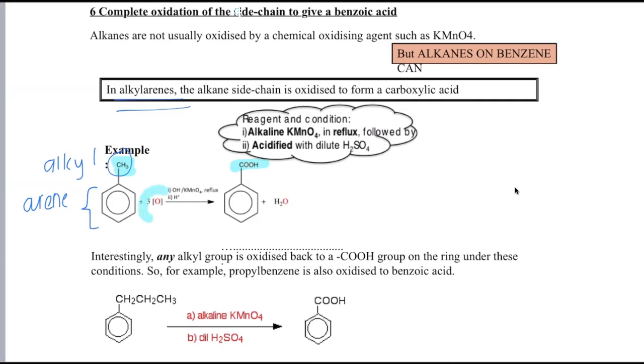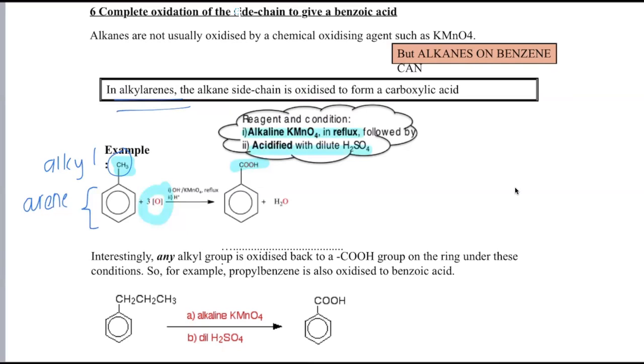So the oxidizing agent that we use is alkaline potassium manganate. Okay, so you use alkaline potassium manganate and you heat it under reflux, right? That's your first step. The second step, then you acidify it with dilute sulfuric acid. Okay, please do step 1 and step 2 separately.